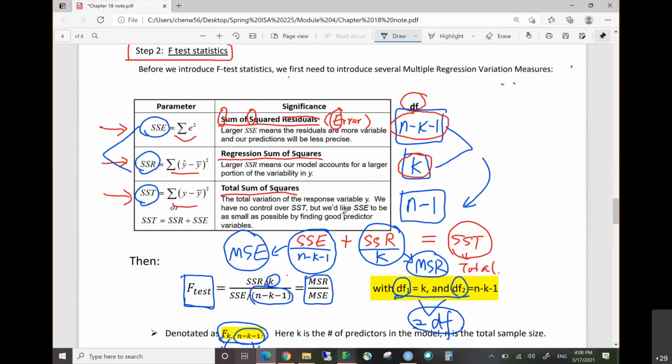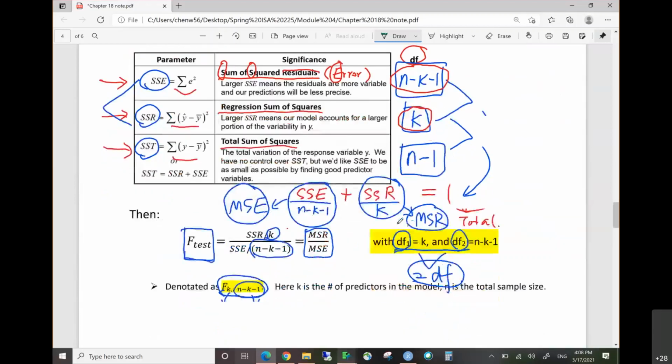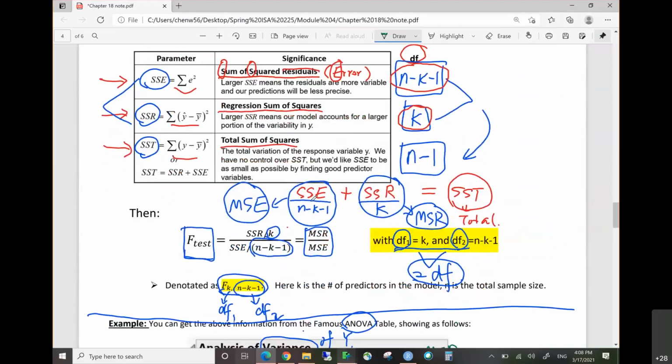So again, the degree of freedom for the error plus the degree of freedom for the regression equals the degree of freedom for the total. And then if we use the sum of squares divided by its own degree of freedom, we have the mean squares. So we have the mean square error, mean square regression, and then we use the mean square regression divided by the mean square error.